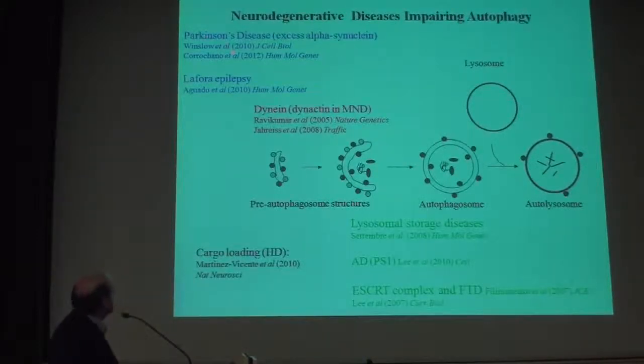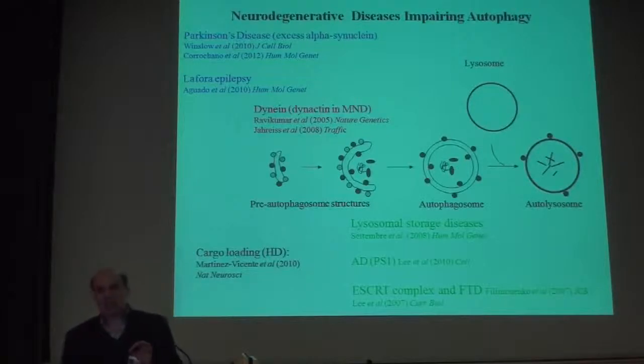Perhaps more interesting or of broader significance are data in the context of Parkinson's disease. The protein that accumulates in Parkinson's disease aggregates is called alpha-synuclein. Excess alpha-synuclein is sufficient to give people Parkinson's disease because there are rare individuals who have duplications of the alpha-synuclein gene locus, and they get a familial form of early onset Parkinson's disease.